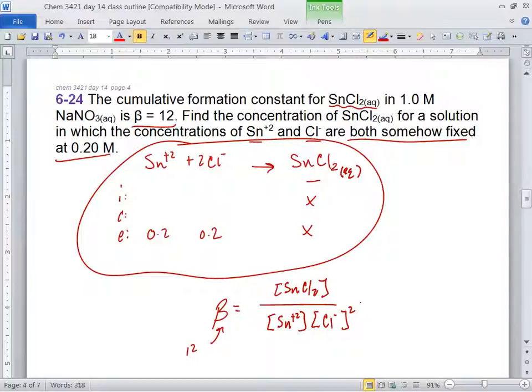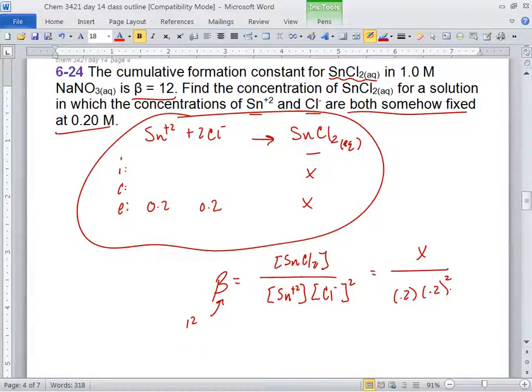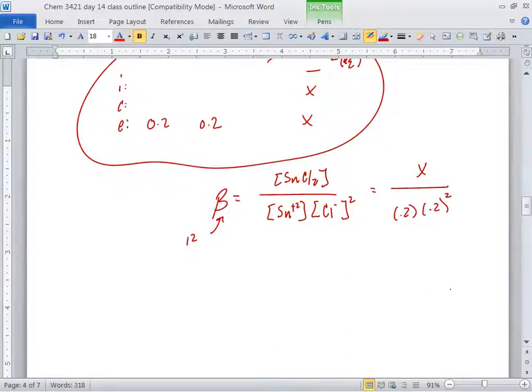Sometimes you can save a little trouble if you write the formation constant first, so it might keep you from making a mistake. So then we have 0.2, 0.2, squared. Did I miss anything? Essentially, it looks like 12 is x over 0.2 to the third.